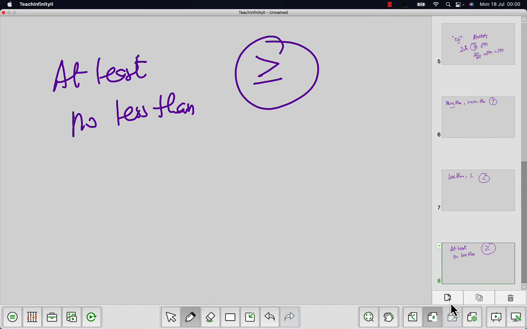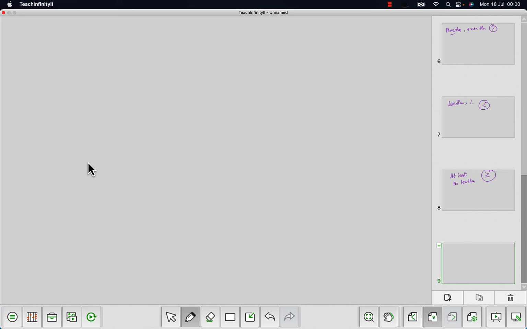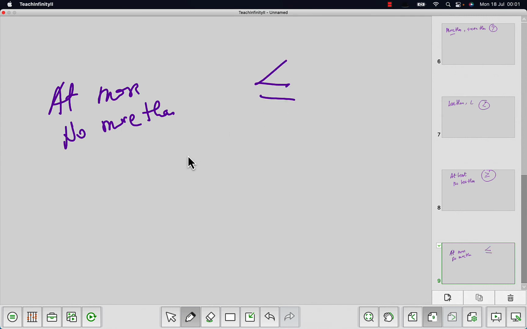The opposite is also true. We can talk about at most, and no more than. It also means less than or equal to. If Michael Jordan's height is at most 7 feet, then his height cannot be greater than 7 feet.